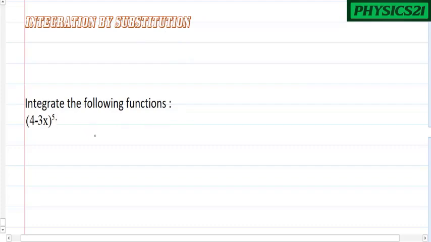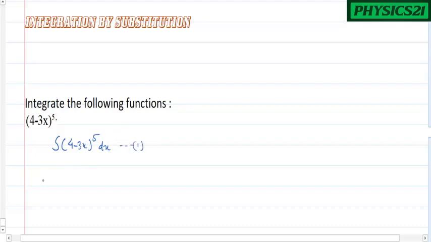In the given question, integrate the following with respect to x. The function is (4 minus 3x) whole raised to the power 5. So to get the integral coefficient of the given function, we will write integration (4 minus 3x) whole raised to the power 5 dx. So this is equation 1.